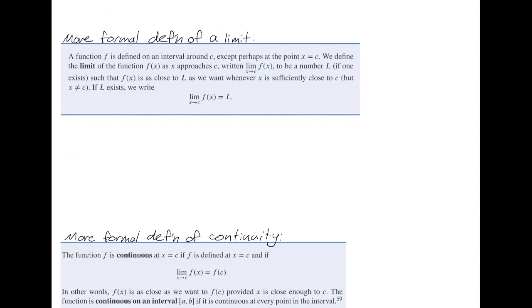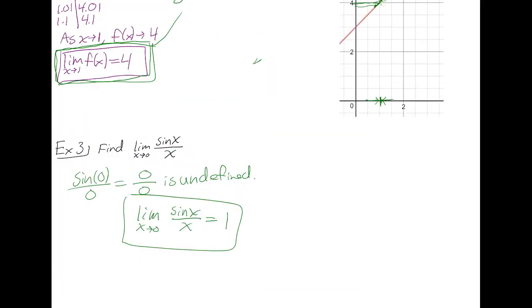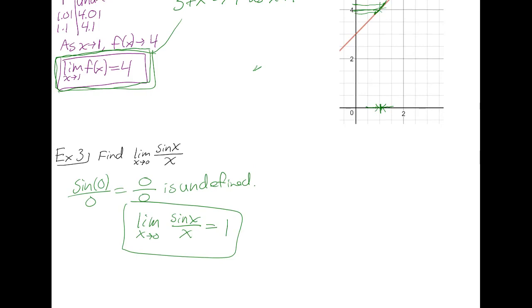Now, the definition we had before had some flaws in it. For example, we said, what is the thing that f of x is getting closer to? That's a little vague, because it's getting closer to more than one number at the same time.